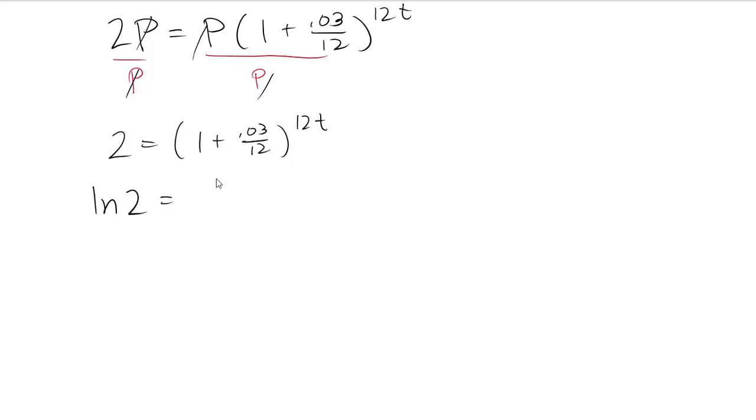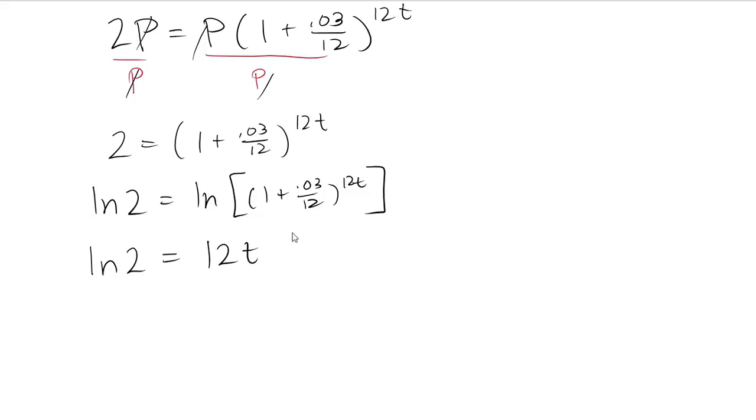The natural log of 2 equals the natural log of 1 plus 0.03 divided by 12 to the 12t. And the point behind this step is not to cancel the base. That doesn't work here because the base isn't e, but it allows me to bring the exponent down. So I get the natural log of 2 equals 12t times the natural log of 1 plus 0.03 divided by 12.